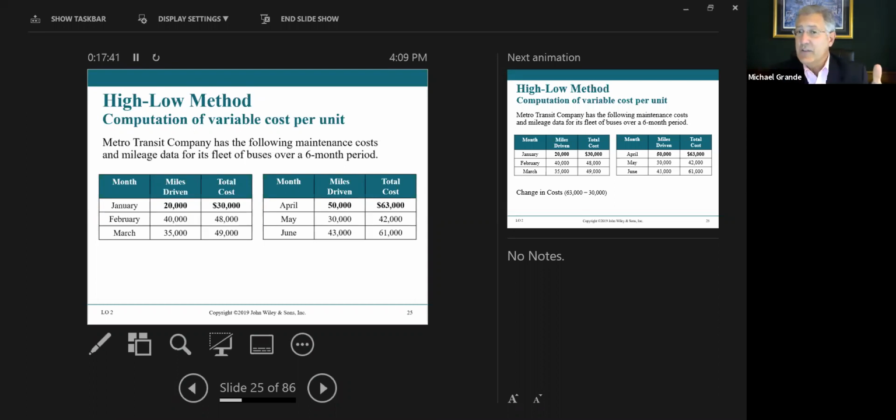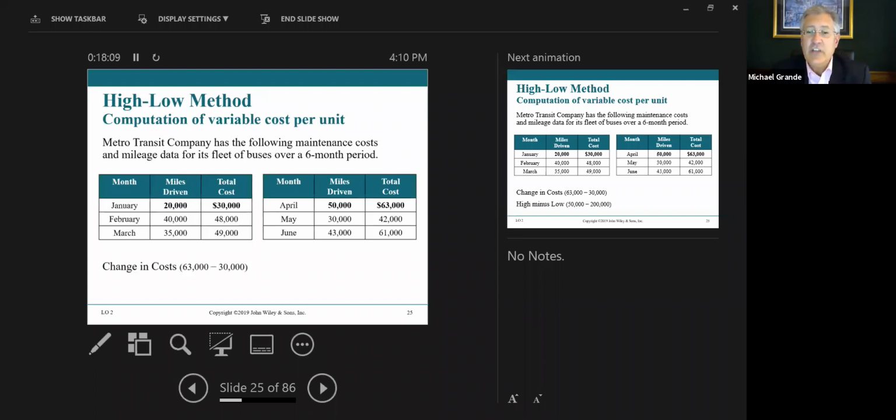So we know that this is a mixed cost. The first thing we want to do is identify the high activity month and the low activity month. So the high activity month is clearly April with a corresponding cost of $63,000, and the low activity month is January at 20,000 miles driven.